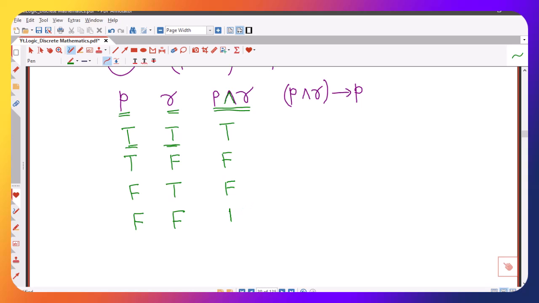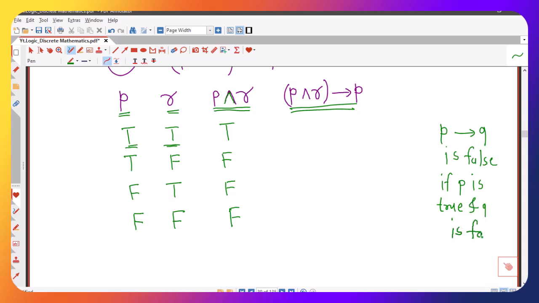Therefore this is the column corresponding to the truth value of P and R. Now we have to write down the column for P and R implies P. We recall that for a conditional statement P implies Q, there is only one possibility in which it is false: this implication is false if P is true and Q is false.